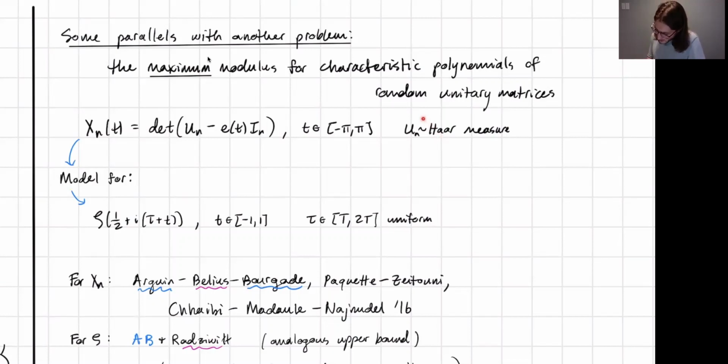If you take the Haar measure for these matrices, then you have this characteristic polynomial, which again I'll parameterize by the interval, by this real variable t. You may have heard of this neat fact that the characteristic polynomial of a large Haar unitary matrix seems to be a great model for the Riemann zeta function at a random height on the critical axis.